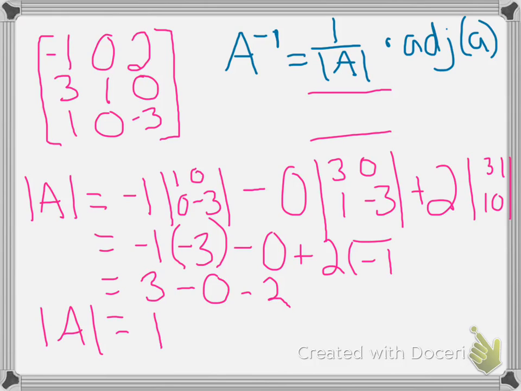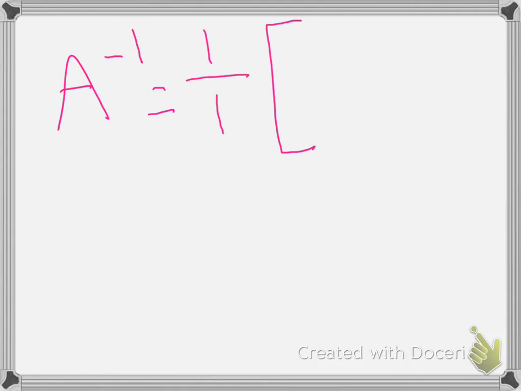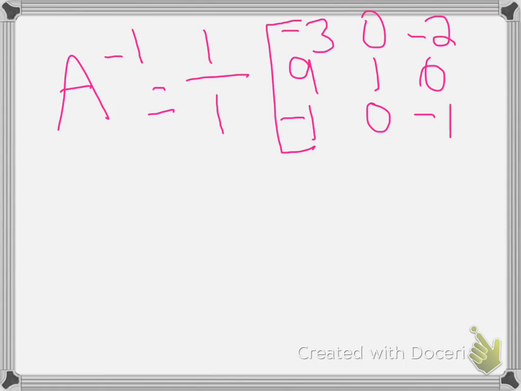So now that we know our determinant and our adjoint, we can put them both into the equation and solve for the inverse of A. So let me get a new page. A inverse is equal to 1 over the determinant of A, which was 1, times the adjoint of A, which was -3, 0, -2, 9, 1, 6, -1, 0, -1.